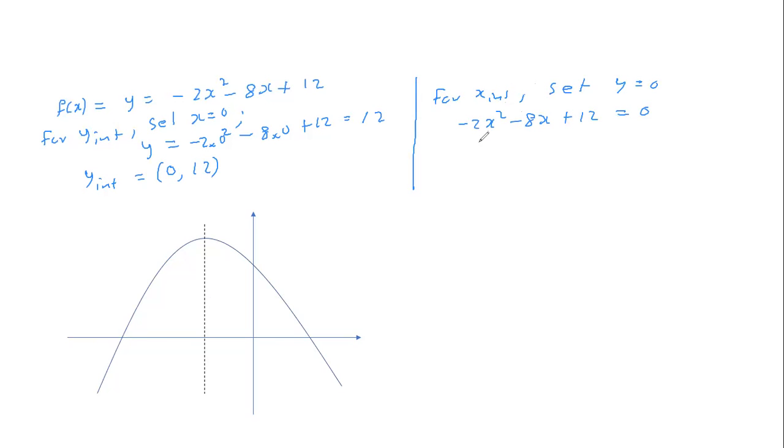Divided by negative 2, we get x squared plus 4x minus 6 equal to 0.